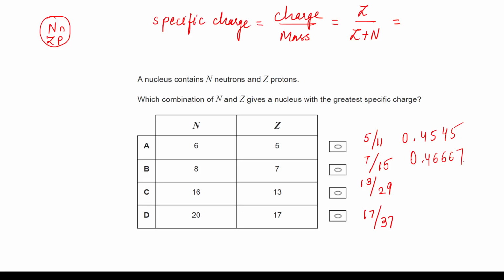Then I have 13 over 29. Just to reduce my rounding error, I'm taking too many digits for now to see which one, because as you would see, 0.448. See how close the answers are. If you take only up to 1 decimal place, all of them are 0.4. And 17 over 37 is 0.459. So I want the largest specific charge. So clearly this is my answer.